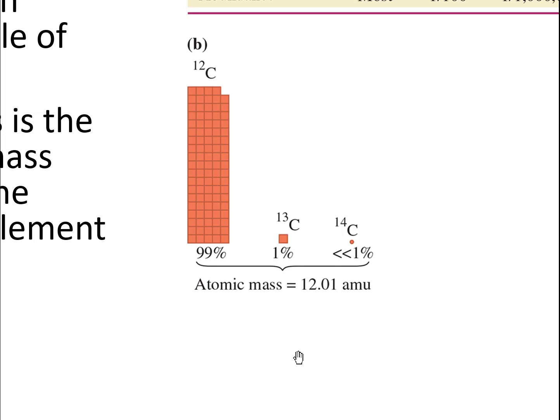And so the periodic table is showing you an average mass compared to their abundance. So since 99% of the carbon atoms found are carbon 12, that's why the atomic mass is 12.01, really close to 12. So when I look at the periodic table, I kind of know what the most common isotope is just by looking at the number it's closest to.